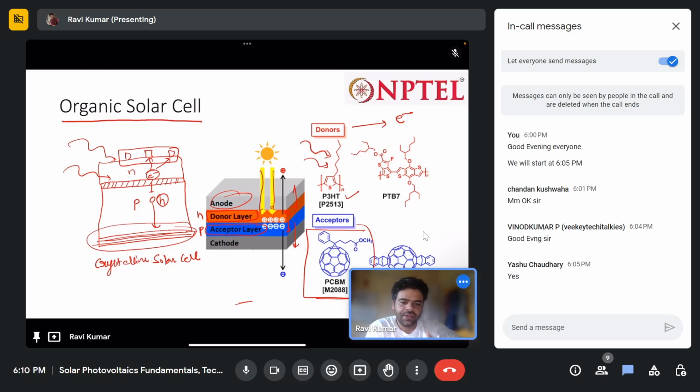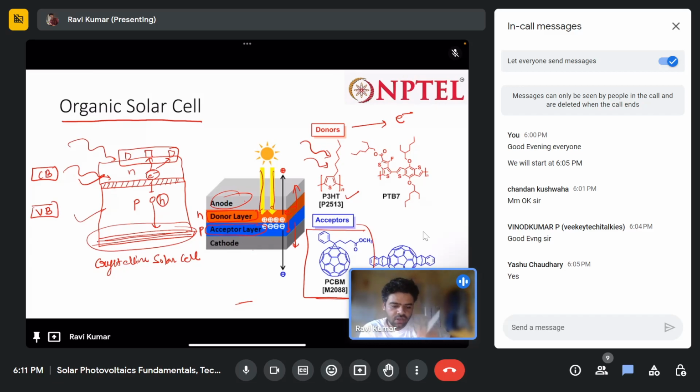So this is the basic working of an organic solar cell. But we have seen only one thing, that there is a difference in the material. Rather than n type, p type, we have a donor layer and an acceptor layer. But one thing is missing here. In n type and p type semiconductors, we have valence band and conduction band.